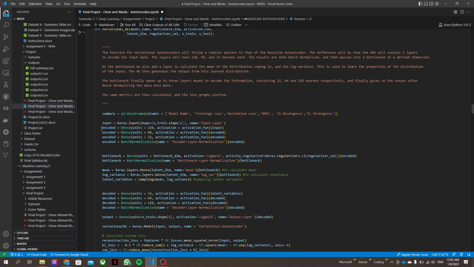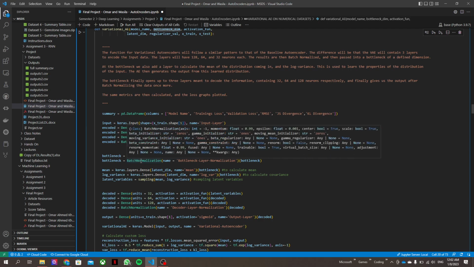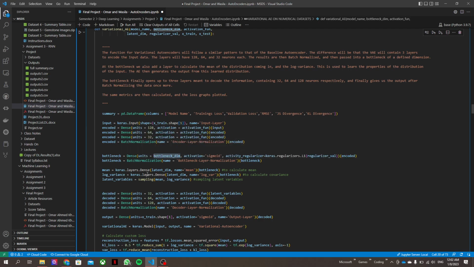After the data is passed through all the encoded layers, you normalize it using batch normalization, send it to the bottleneck containing again a variable number of dimensions, and then that data is again normalized. And once that's normalized, you figure out what the mean is of that distribution, you figure out what the log variance is of that distribution, and you also figure out what the latent variables are. This is just used to sample the latent variables for later on.